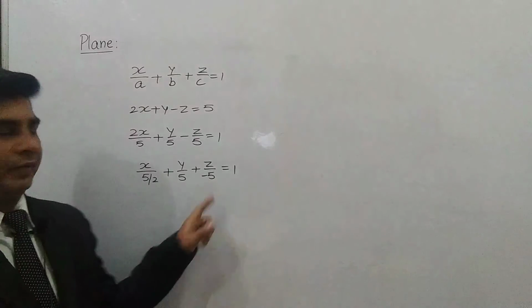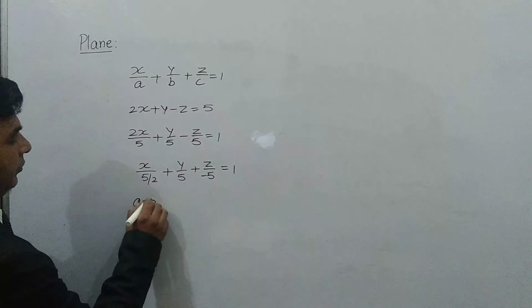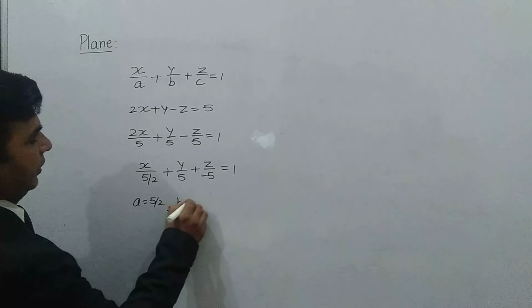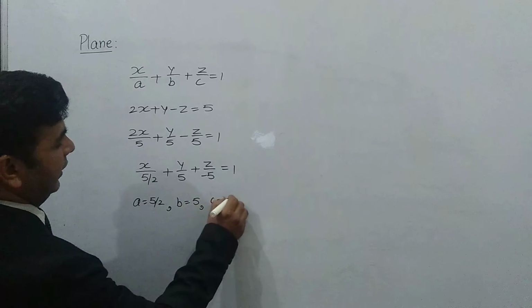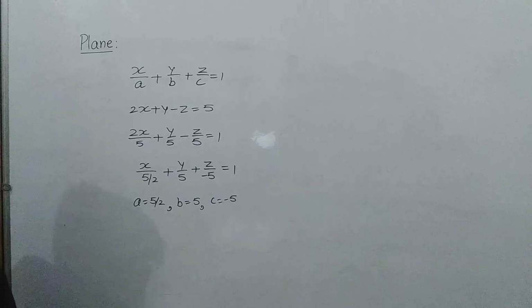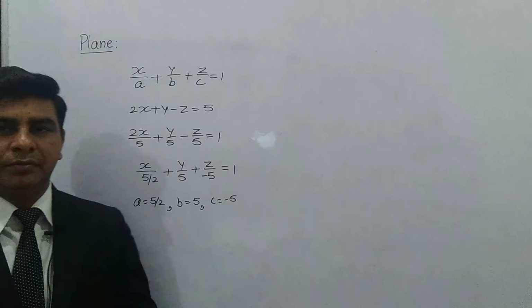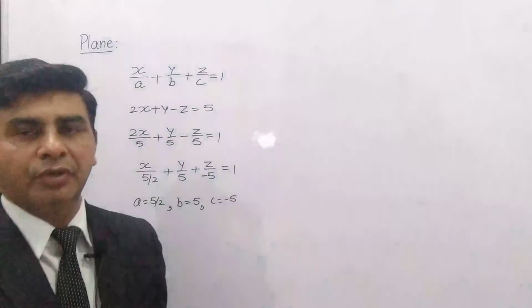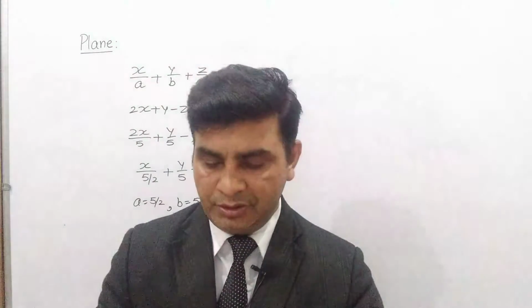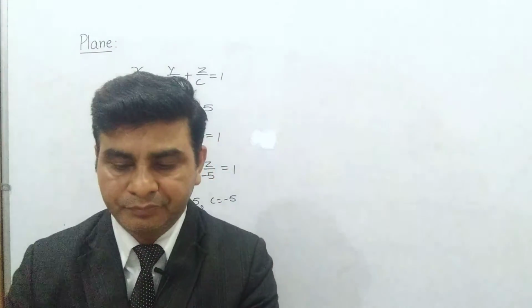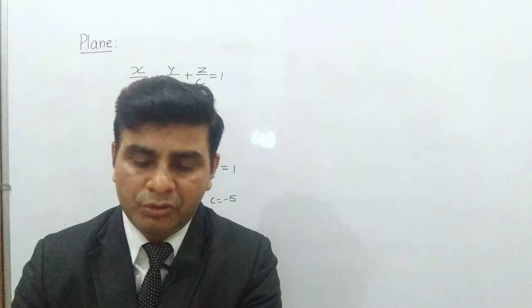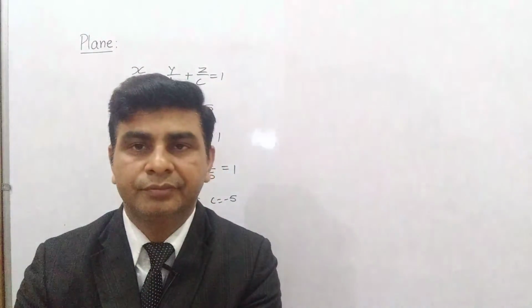So this is minus 5. So the value of a is 5 by 2, value of b is 5, and the value of c is minus 5. So intercepts made by the plane are 5 by 2, 5 and minus 5 respectively, with x-axis, y-axis and z-axis. So let's do question number 8 now.